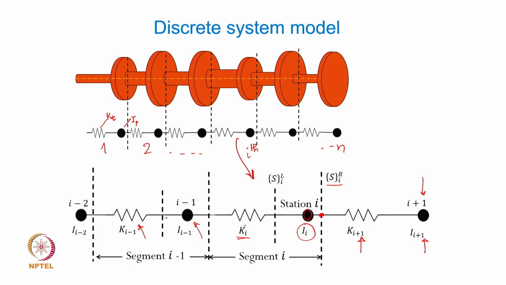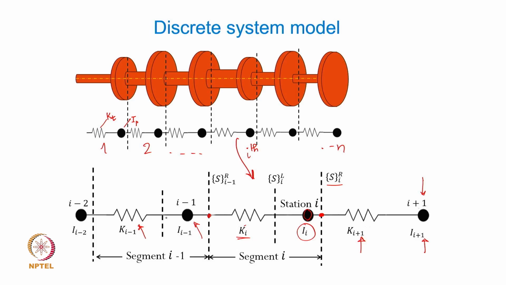On the same lines, on the left of the ith station the state vector is SLi, which means the left of the ith station, and then we can accordingly represent the state at the end of the segment, which turns out to be on the right of the previous station, that is I minus 1.